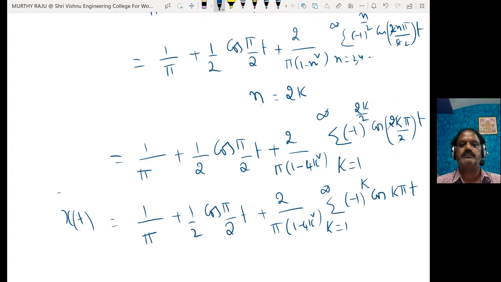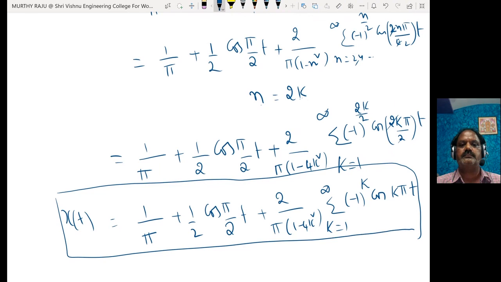This is the complete Fourier series expansion of the half wave rectified cosine function. With this, the problem is completed.